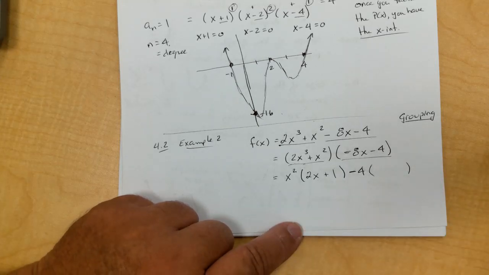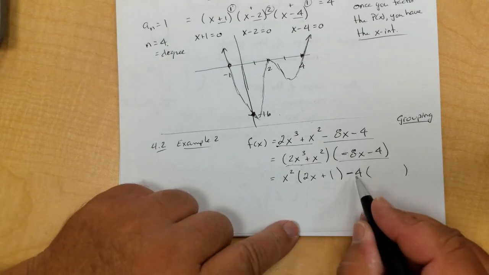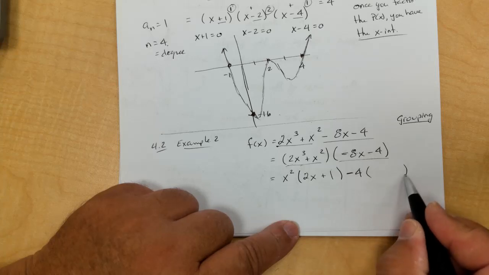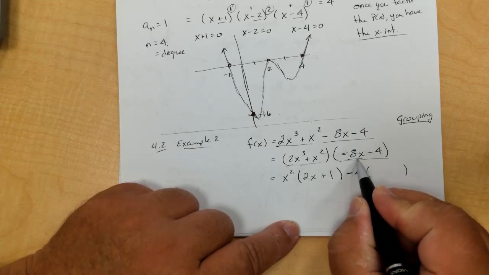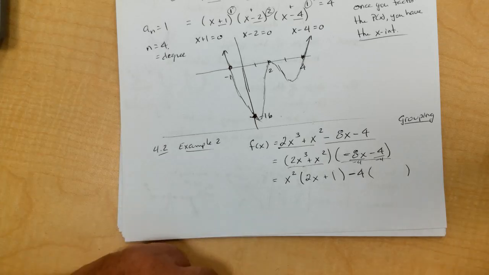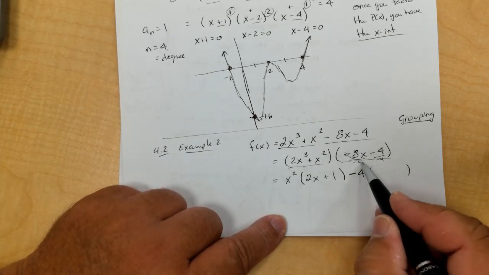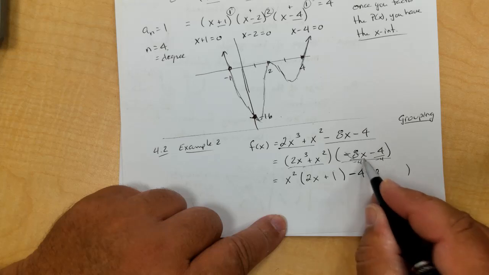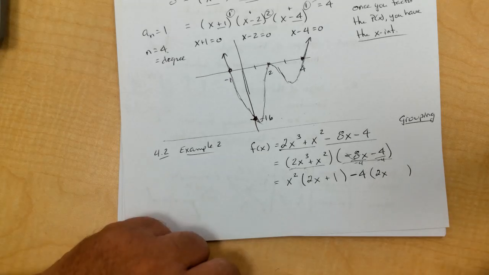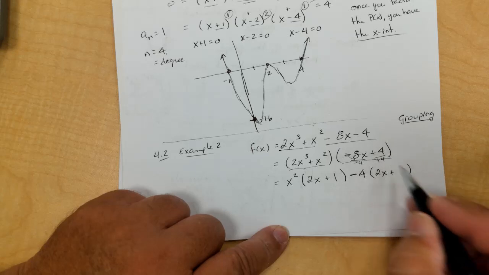If you factor out a negative 4 out of both of those, what do you have left? Now, here's the easy way of doing that. Whenever you factor something out, to see what goes inside here, divide both of these by what you factored out. Negative divided by negative becomes a positive. 8 divided by 4 is 2x. The negatives cancel, so it's a plus. 4 divided by 4 is 1.